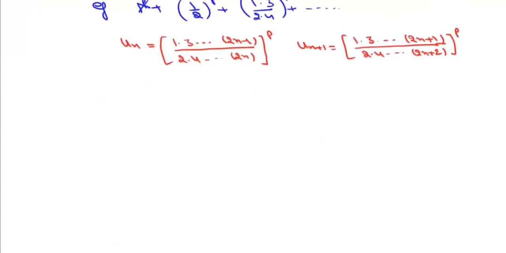Now first we'll use the ratio test, and for this we'll write u_n upon u_{n+1}, and we divide everything.